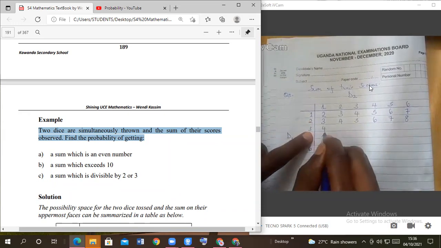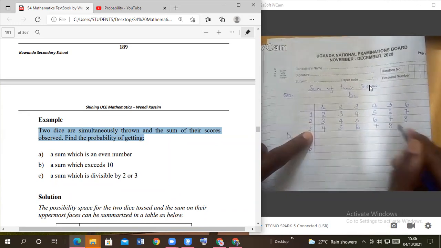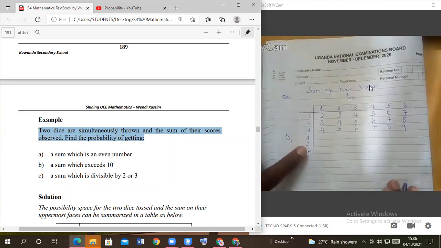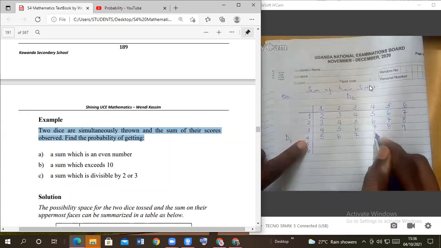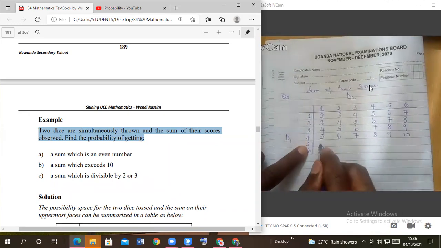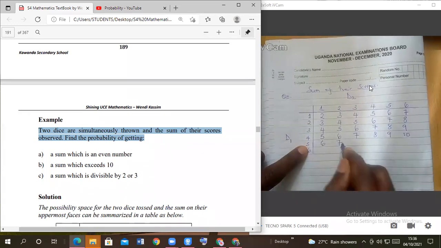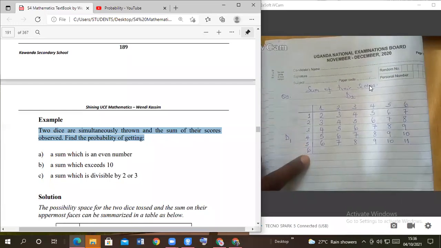Here will be 4, 5, 6, 7, 8, 9. Here would be 5, 6, 7, 8, 9, 10. Here would be 6, 7, 8, 9, 10, 11.